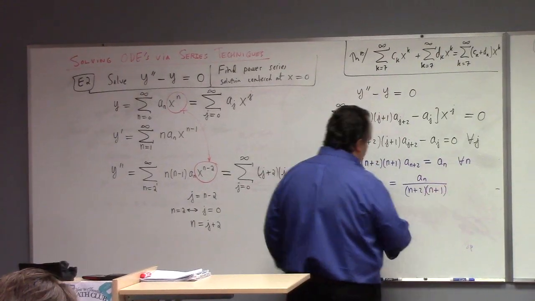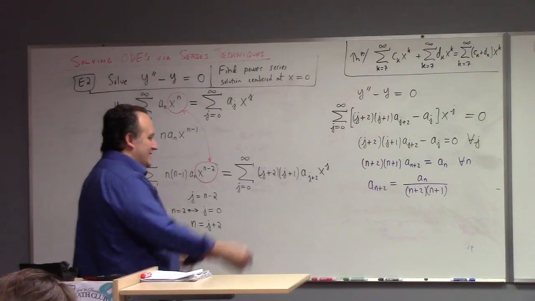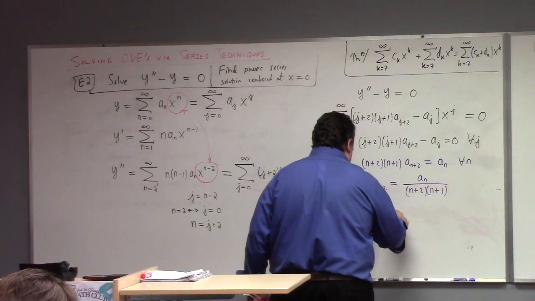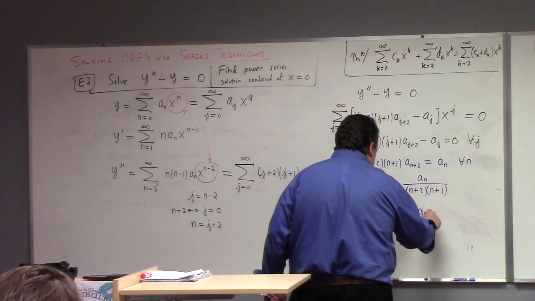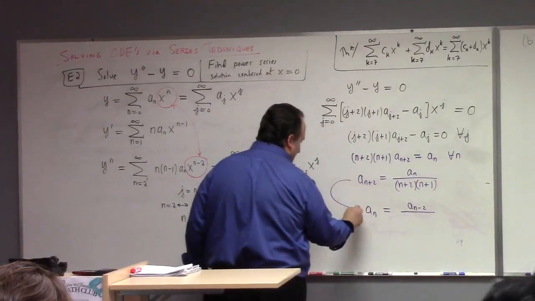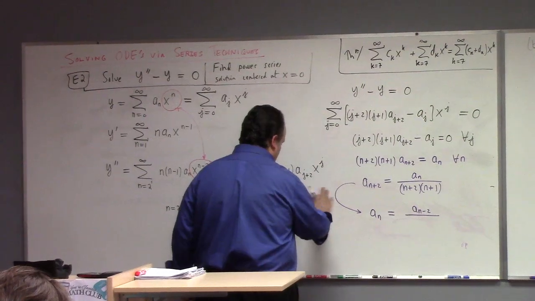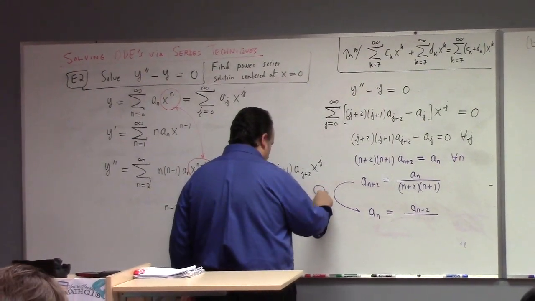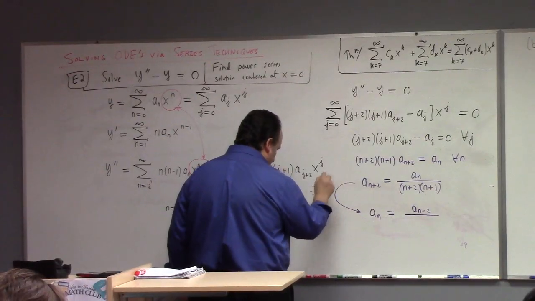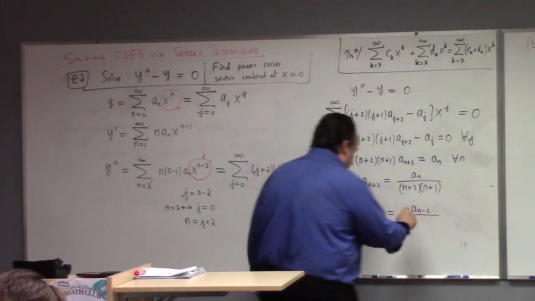Now, maybe you don't like that. I look at that, I don't really like that much. I don't like the pattern. I think I want a formula that looks like this: a_n is equal to a_{n-2} divided by what? n times n minus 1 is the pattern.